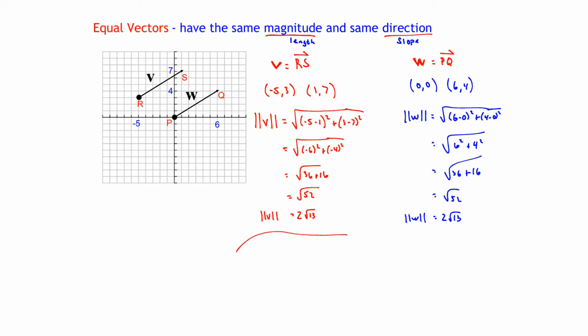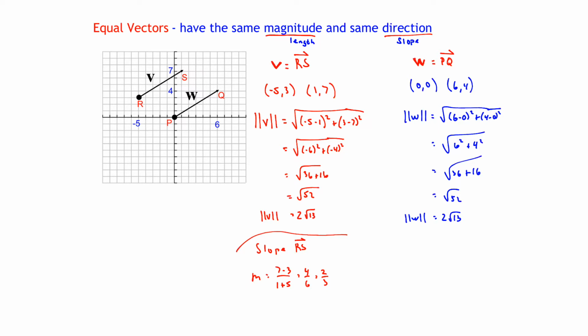Now we'll look at the slope, so we can see if the directions are the same. So the slope of vector RS, we will do the change of y, 7 minus 3, divided by the change of x, 1 minus -5, so it'll be 1 plus 5. 4 over 6 reduces to 2/3.